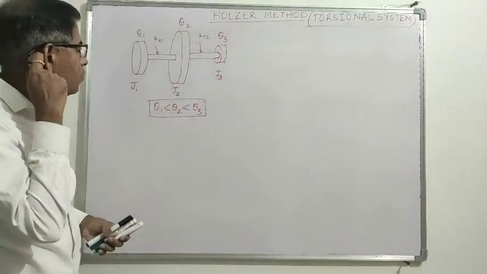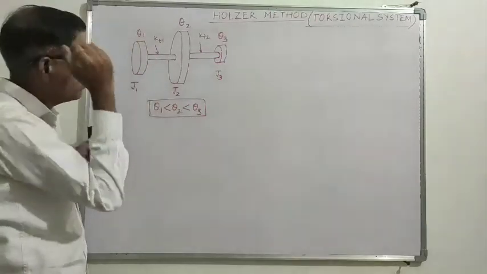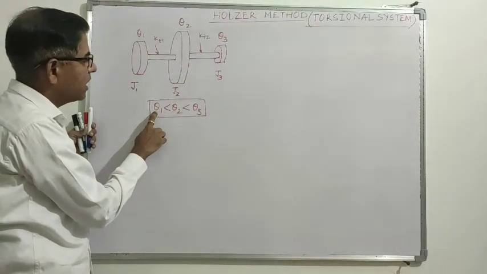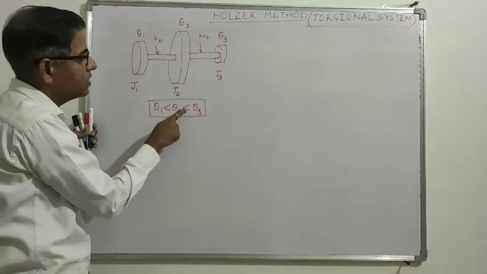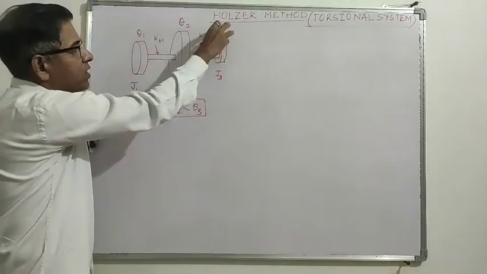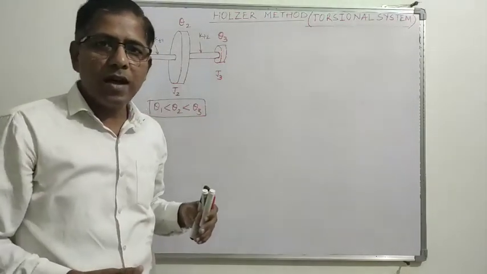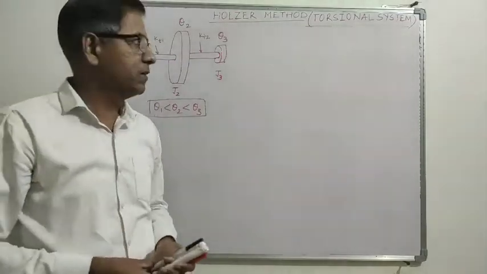Now here we have assumed that at any instant of time, theta 1, the angular displacement of rotor 1, is less than theta 2, which is less than theta 3. So theta 3 is the highest angular displacement, then theta 2 and then theta 1. So this is our assumption.